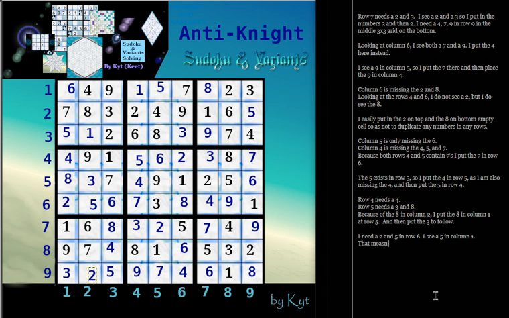That means that I am only missing the 3 and 2 in this puzzle. However, I see a 2 in column 1, so I put the 3 in column 1 and the 2 in column 2, and we are finished.